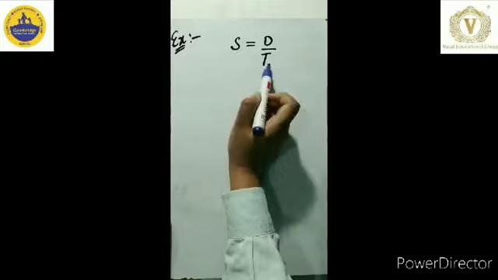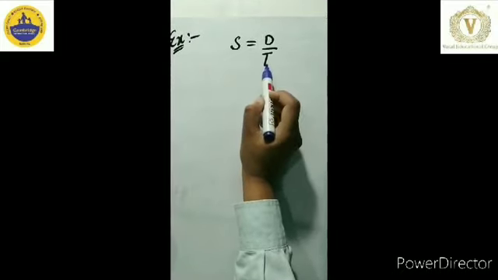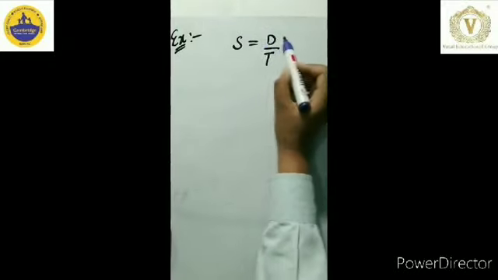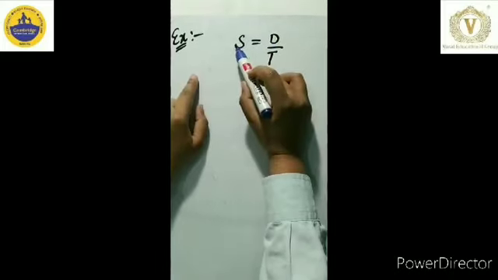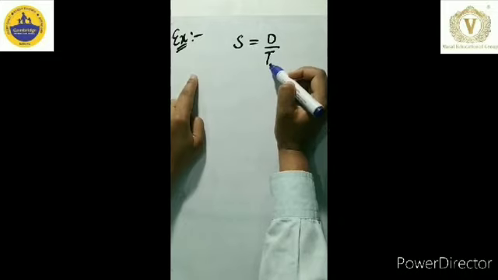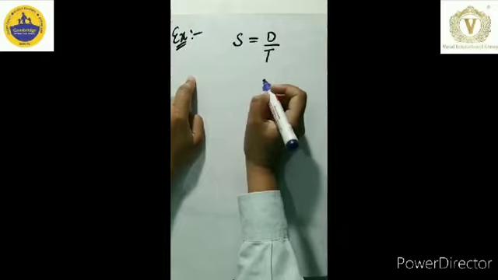You can see from this equation also that speed and time are inversely proportional. If it is written in the numerator, like speed and distance, they are directly proportional, like the more the speed, the more distance will be covered. But because time is written in the denominator, speed and time are inversely proportional.